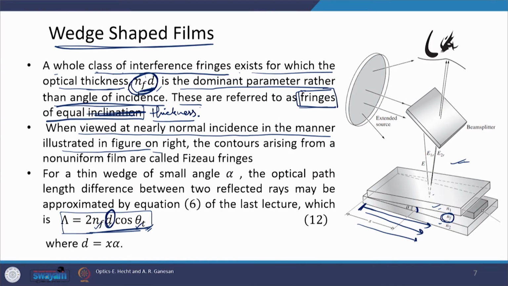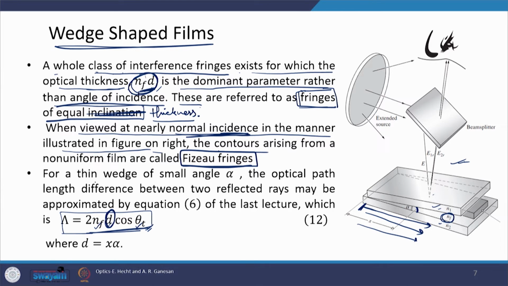Both in the transmitted arm and reflected arm we will see a fringe formation. Now, for normal incidence, the fringe pattern which arises is called Fizeau fringes. We talked about Haidinger fringes, now this is Fizeau fringes. Haidinger fringes appear when the fringes are of equal inclination, but for the equal thickness case we have Fizeau fringes.